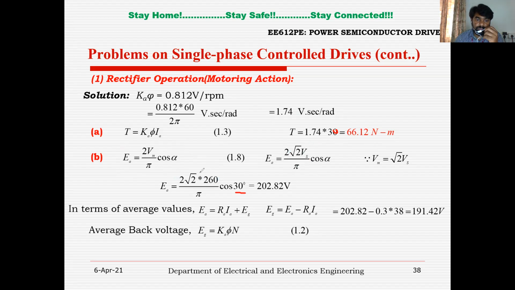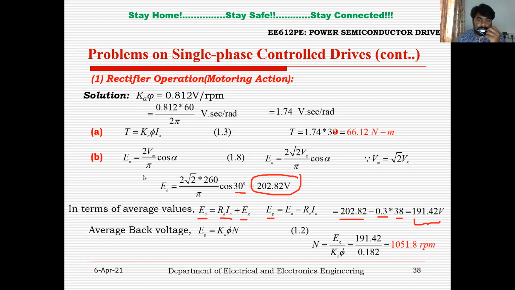And to calculate EG, these are the terminal voltage equations. EA average equals IA RA plus EG. From this, I can write EG equals EA minus IA RA, right? We calculated EA as 202.82, minus RA, which we know is 0.3, times IA, which is 38 amps. Then we'll get EG, which is the back EMF, as 191.42 volts, right?